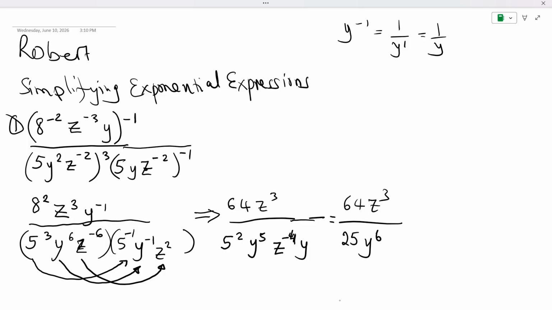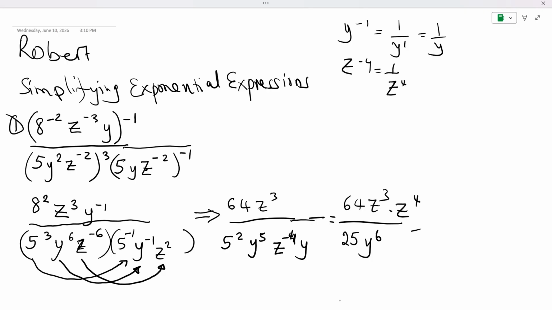And z to the power minus 4 becomes 1 divided by z to the power 4. That means this z comes to the top, z to the power 4.